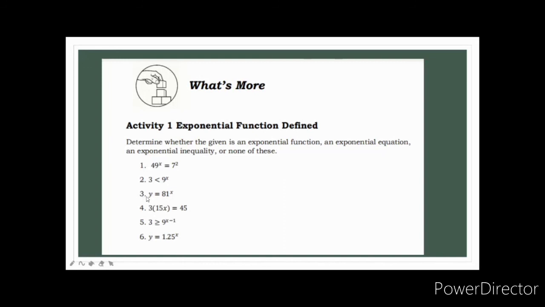Number 3: y equals 81 raised to x. Number 4: 3 times 15 raised to x equals 45. Number 5: 3 is greater than or equal to 9 raised to x minus 1. Number 6: y equals 1.25 raised to x.